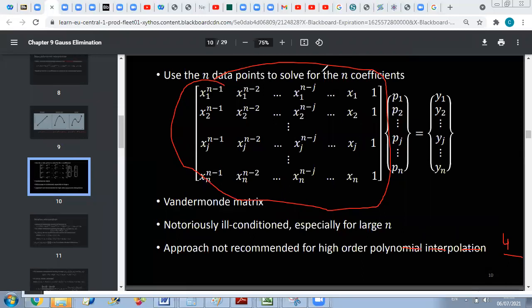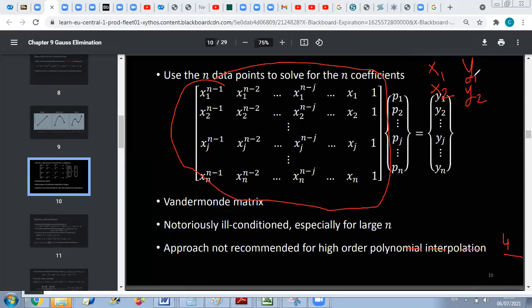Let us take a simple example, the case of 2 points. If I have 2 data points, x1, y1 and x2, y2, and we want to find the corresponding coefficients P1, P2, how do we find them?